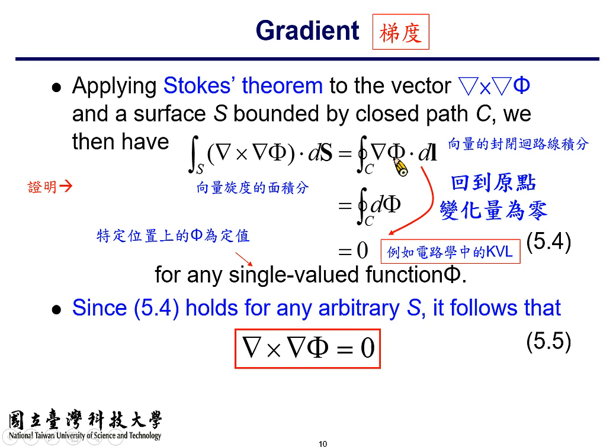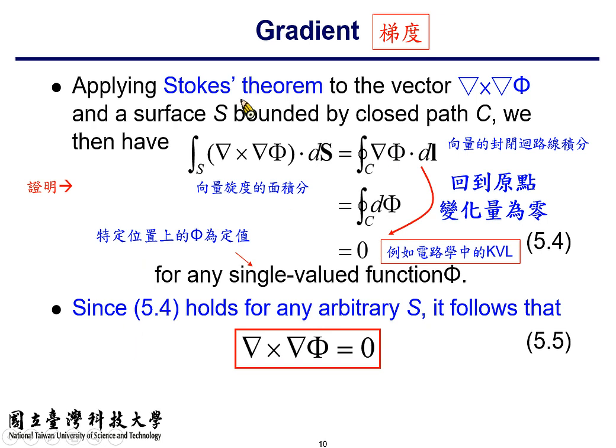And there is no change in phi, as long as this scalar phi is time invariant. 它不会随时间变化的话，你这样绕一圈回来，你还是回到原地嘛。Okay, you return to the original place. So the amount of change equals 0. So we use this as the proof of this vector identity. And this is, in fact, Kirchhoff's voltage law that we learned in electrical circuit theory.